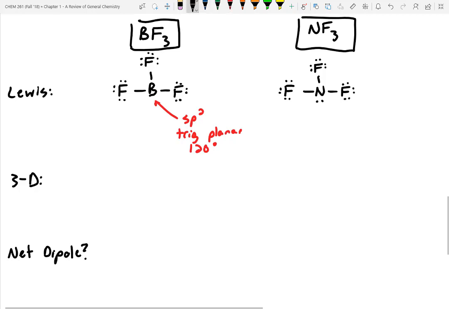A better drawing would be to have those fluorines 120 degrees away from one another, like this, each with lone pairs. This gives you a better idea of the three-dimensional layout, right? Is there going to be a net dipole here? Not quite. If we think about it, there are individual dipoles pulling electron density away from the boron, right? But they're pulling in opposite directions and canceling each other out. So that we would say no net dipole.